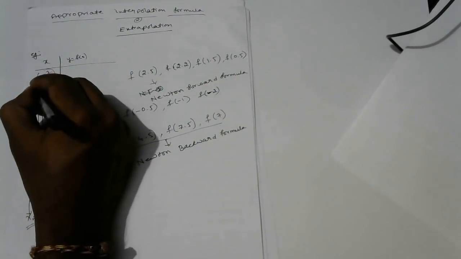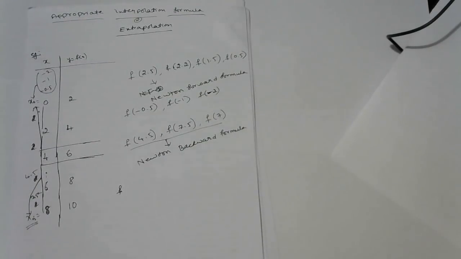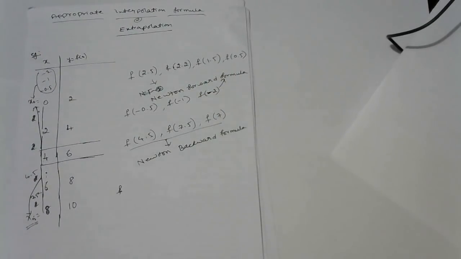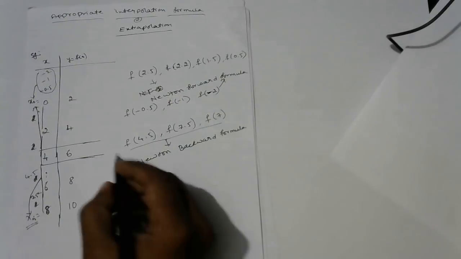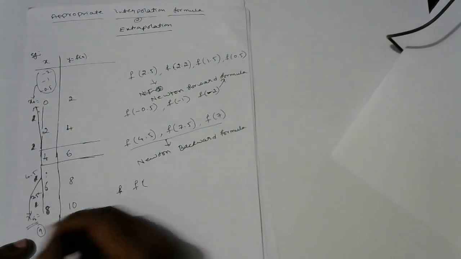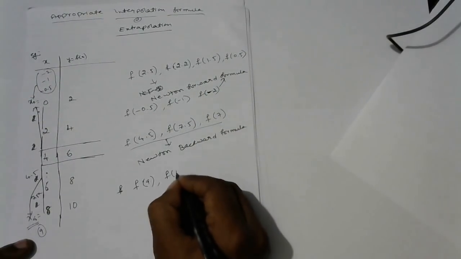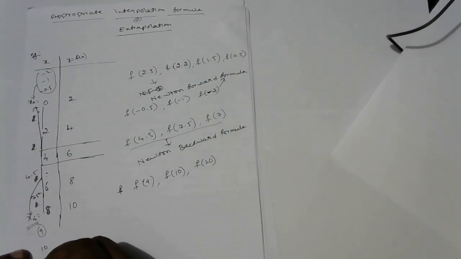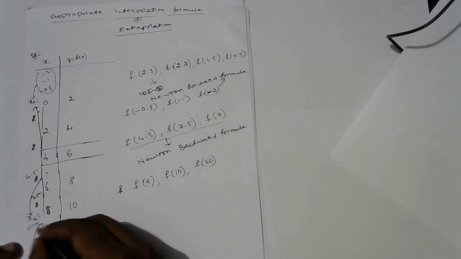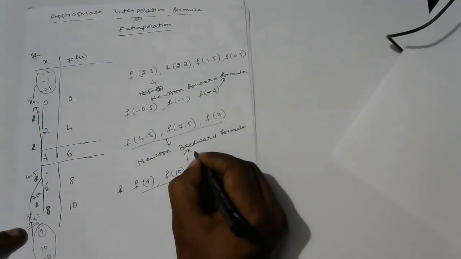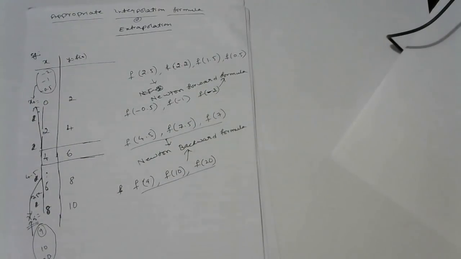These values are nearer to x0 only, so then you have to apply the Newton forward formula. Next, suppose they ask to find f of 9, f of 10, f of 20, which you get here. It is nearer to xn, so then you have to apply the Newton backward formula.